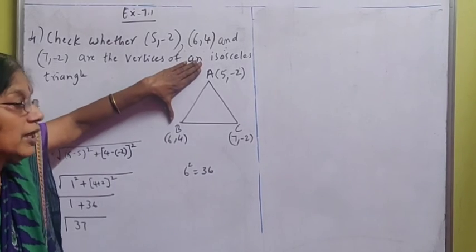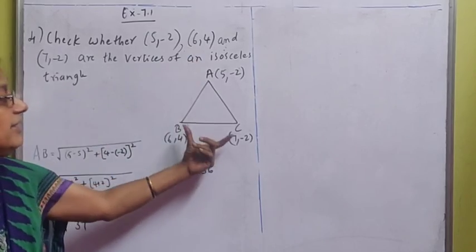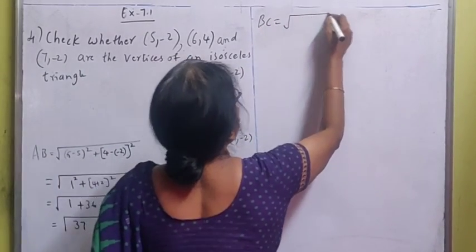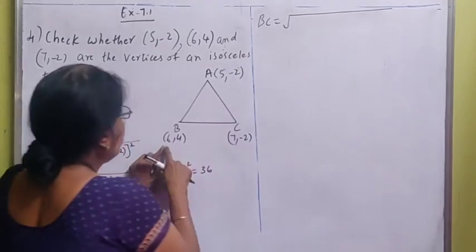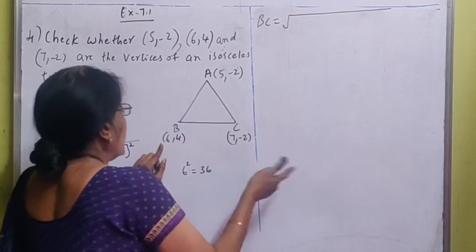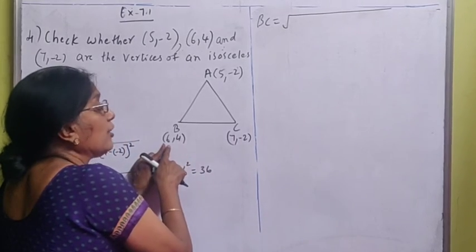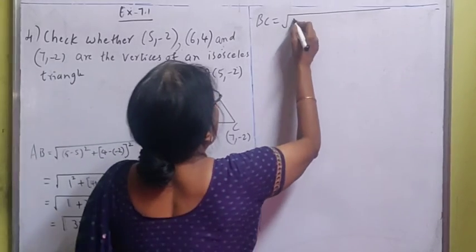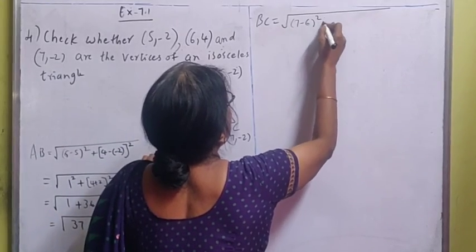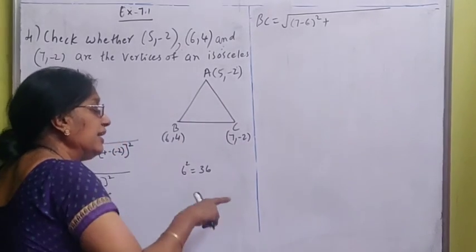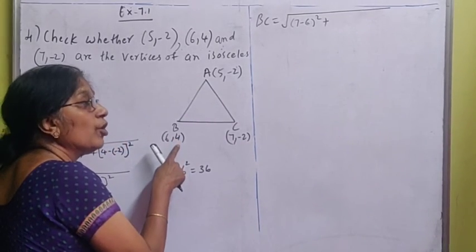Now AB is over. Now which is the next side? BC. So let us find out BC, which is equal to the square root of (x coordinate of C minus x coordinate of B), that is (7 minus 6) the whole square, plus (y coordinate of C minus y coordinate of B).